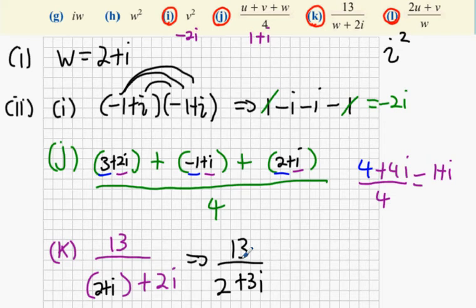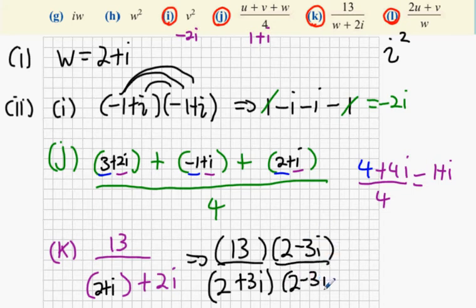Am I done there, or is there something I can do with that? I have to multiply top and bottom by the conjugate. How did I know I had to do that? More specifically, it was a fraction with an I on the bottom.